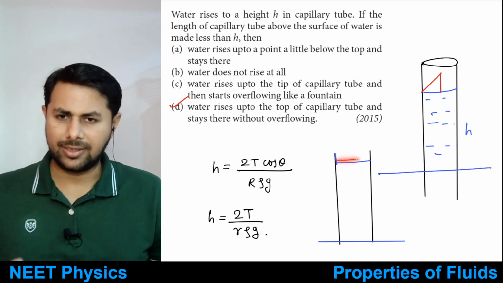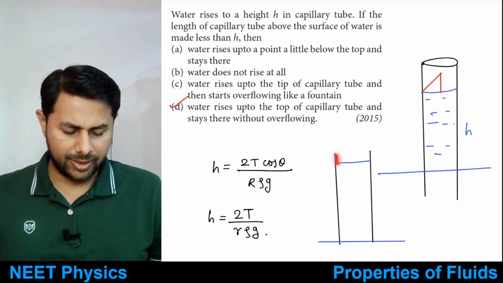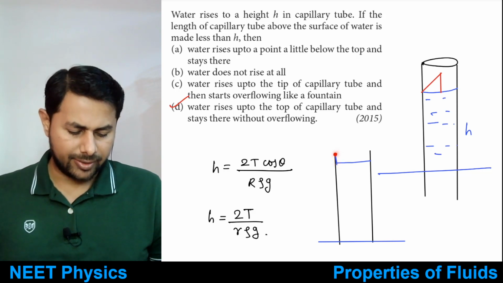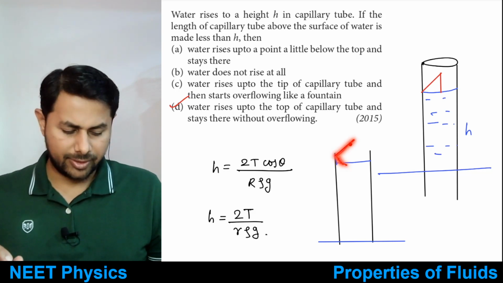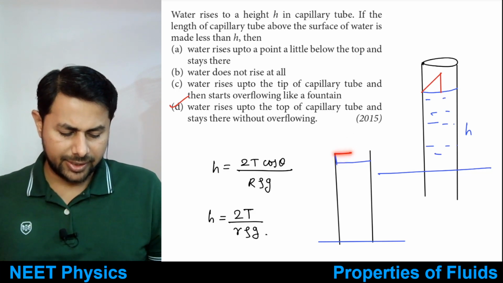Water will keep on rising. Here, if you consider the radius of curvature, if the angle of contact is some small angle, then there would be some radius. So here this radius is just equal to what?